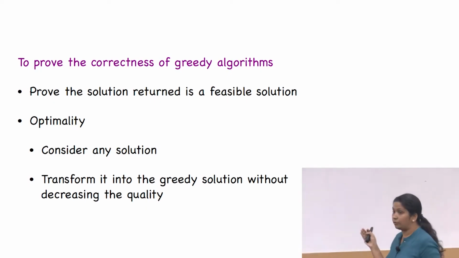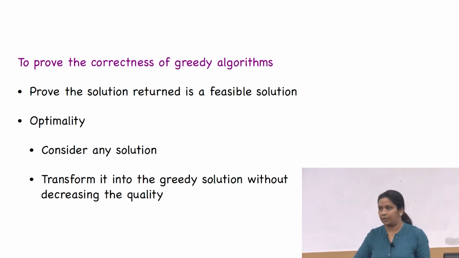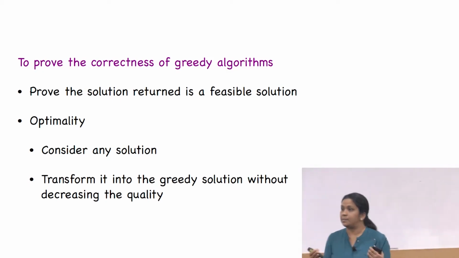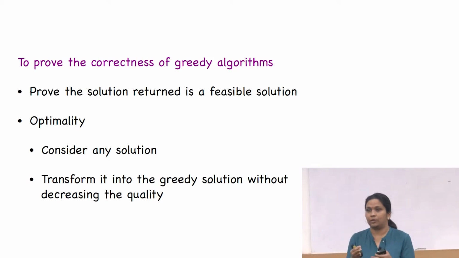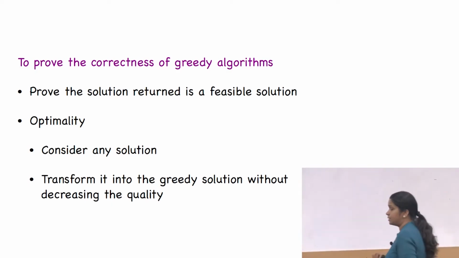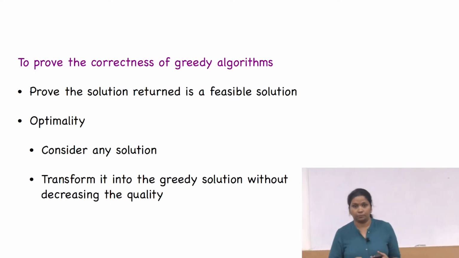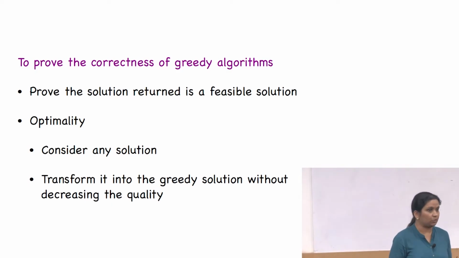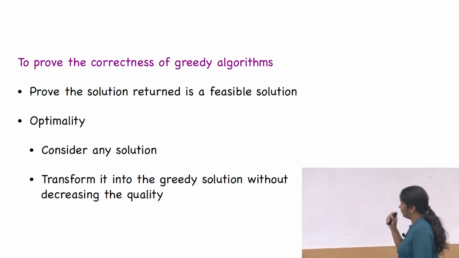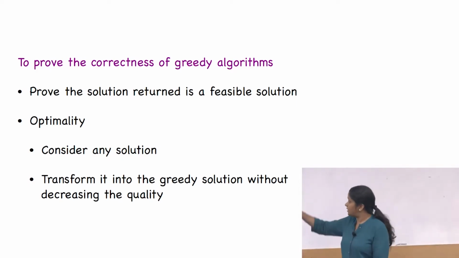Once you prove the feasibility, then you have to prove the optimality. That is, you want to show that the set of intervals is the maximum sized, or the largest cardinality, independent set. How will you prove that? One technique is this: take any other feasible solution, and prove that you can transform this solution into our greedy solution.